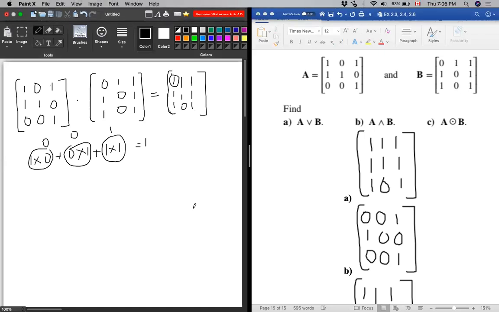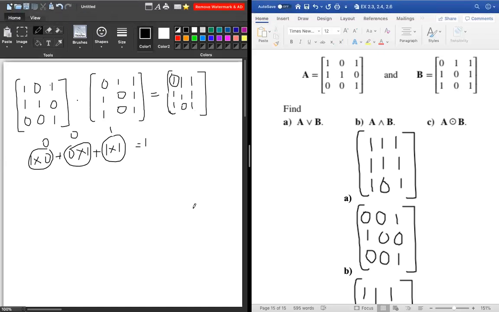Just one question. So when you do the dot product, you just do the row, multiply the column, and then you add the numbers together. Yeah. So you just do the row times the column, and you just add them together. Yes, basically, this is a dot product here.